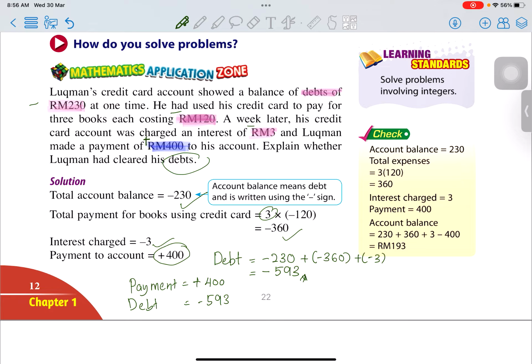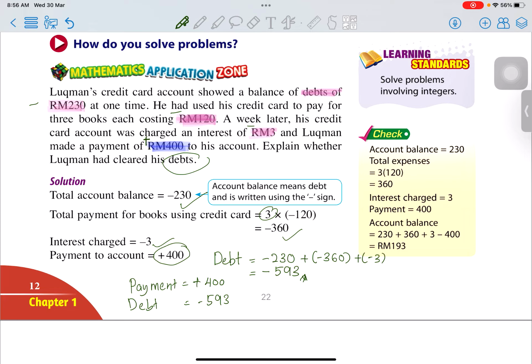So from this you can see that Luqman did not settle his debt. Luqman has not cleared his debt because when you take the debt and add the 400, he still owes 193 ringgit. So we can see here how to answer this question.